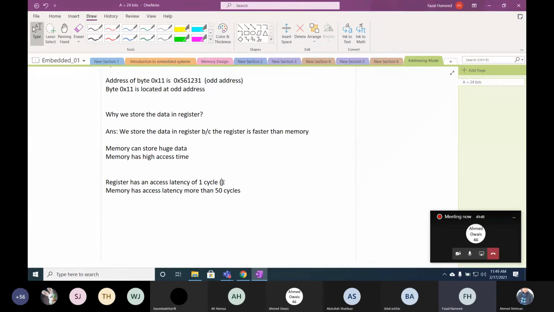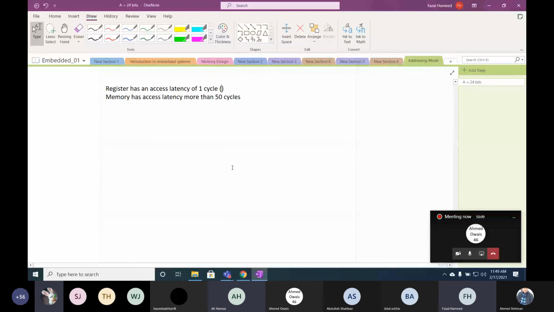Data is stored in the register. I will give this with an example. Let's assume that you are sitting on your desk. Okay. So this desk is your register. How many books can you place on your desk? कितने books रख सकते हैं आप? 4 or 5. ठीक है. अच्छा अब ये देख लें, let's assume this register is your table in a room, and this memory is your library.